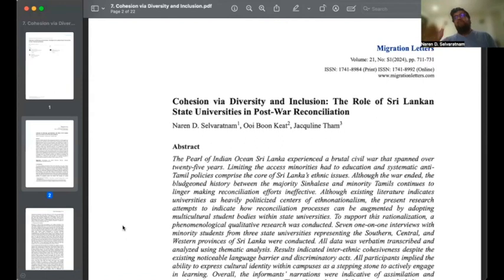This is also a paper I wrote as part of my PhD. I actually wrote 2 papers based on the data that I collected from my study. This is one of the papers. Here we discuss how to develop a cohesive student body within state universities by implementing policies on diversity and inclusion.